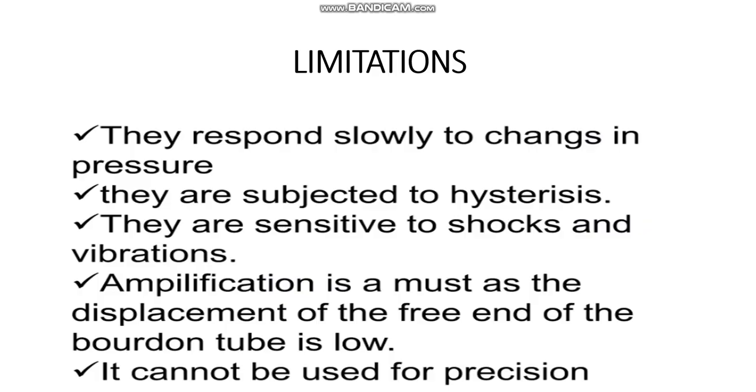Amplification is a must, as the displacement of the free end of the Bourdon tube is low. The Bourdon tube free end always produces a small amount of displacement, so we need amplification. For that we are using a spring. It cannot be used for precise measurement. So those are the disadvantages of the Bourdon tube.